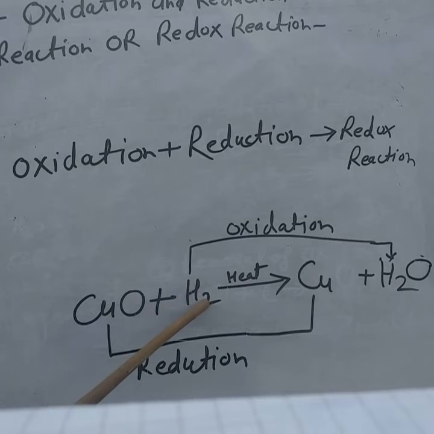And H2 adds oxygen and gives H2O, so this process is called oxidation. H2 provides the hydrogen and CuO loses the oxygen. So this reaction is called a redox reaction.